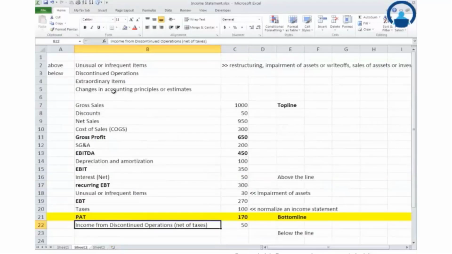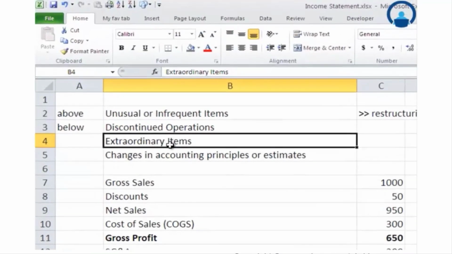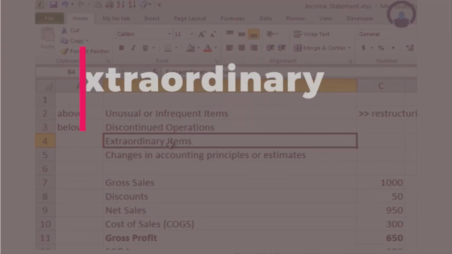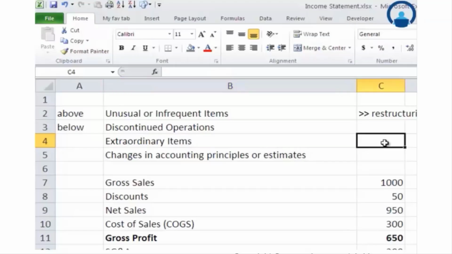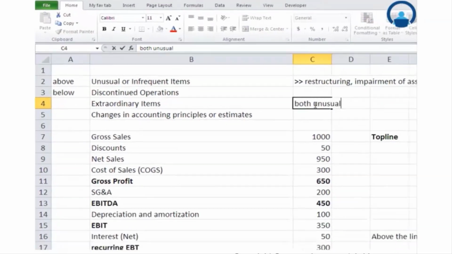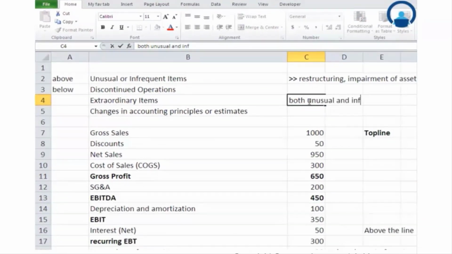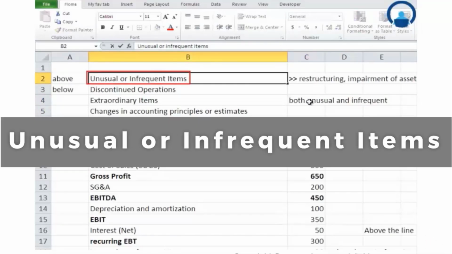The third item, which is very interesting again, is the extraordinary item. Extraordinary items are defined as something which is both unusual and infrequent in nature. Now if you look at these terminologies, it may sound a bit confusing here. Unusual means abnormal, and infrequent means it doesn't happen on a frequent basis. On the top, when we were talking about unusual or infrequent items, the keyword was or.